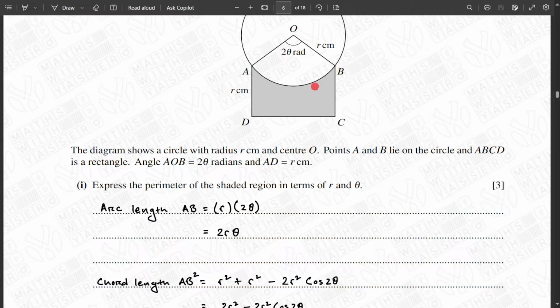So the length of AB should be equal to DC, and that helps us to find the value of the perimeter of the shaded region. So let's find out the value of AB. So with the help of cosine rule, AB square is equals to r square plus r square minus 2 into r times r times cos 2 theta.